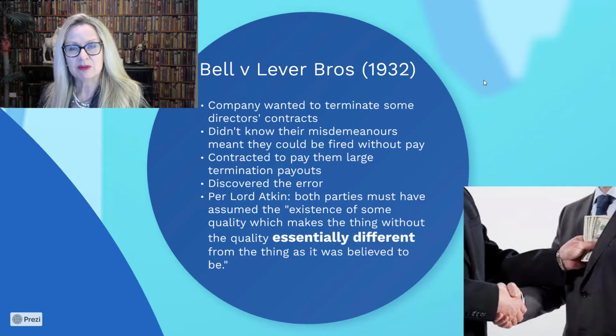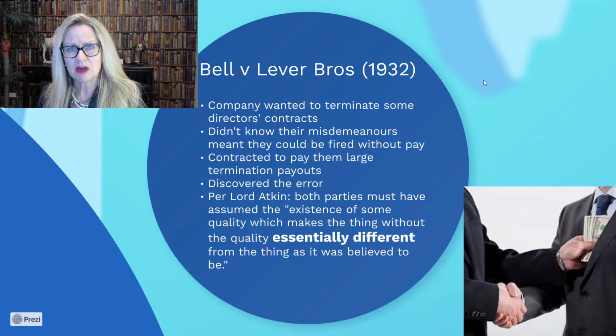This gets back to my comments in video 1. It's got to be something pretty darn important, pretty essential, that goes to the root of the contract, and it really is quite a different contract without this thing, whatever has been mistaken. And in that case, the court said, well, hang on a minute, look at what's happened here. You sought to terminate by contract these directors, and under that contract you paid them some money.